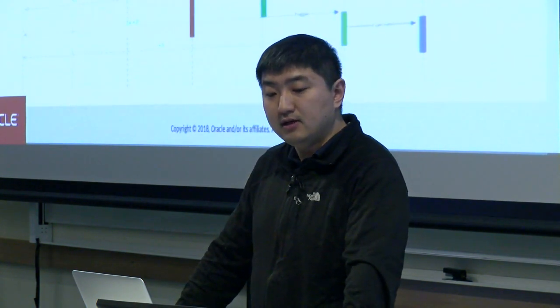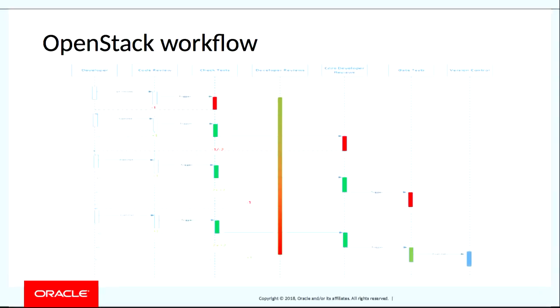In this workflow, it also needs developers to review and score the patch. The core developers need to check the patch. If they think the patch is good enough, they will score the patch with +2. And if they think this patch is not good and needs some work, they will give a -1 score.